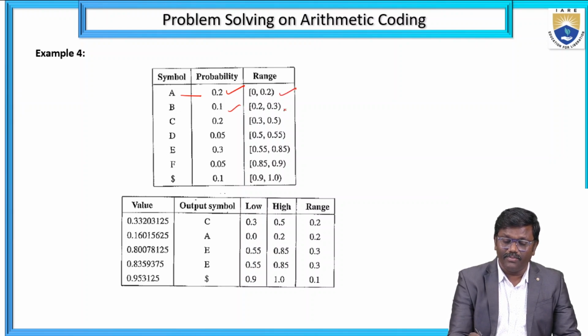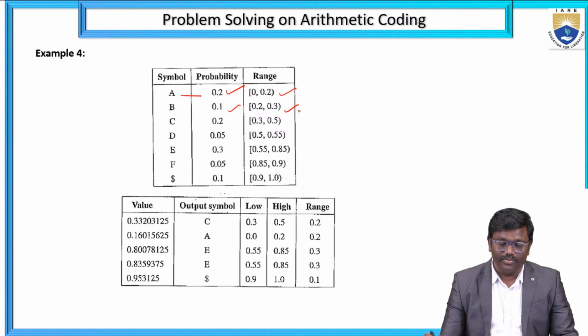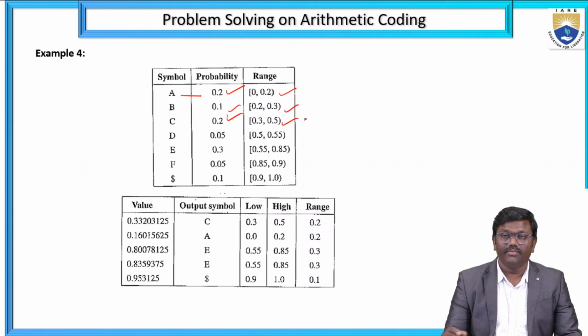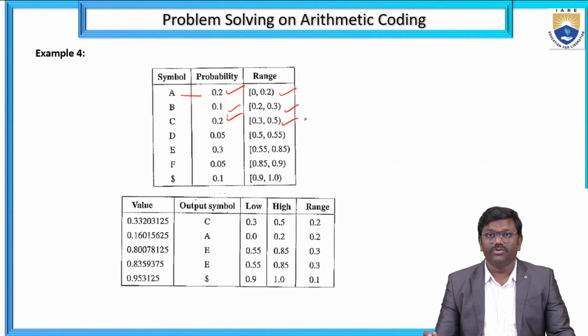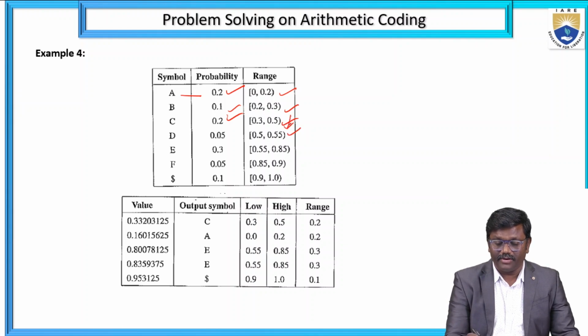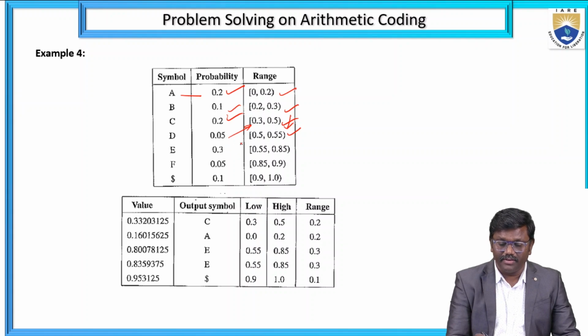Similarly, 0.1 will be between 0.2 and 0.3, and 0.2 will be between 0.3 and 0.5. That is a range. 0.05 is the D value. Extending from here, 0.2 will be added here, next 0.3 will be added here, and then we get the range.